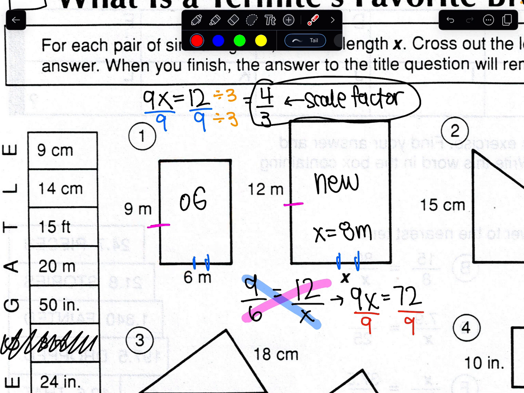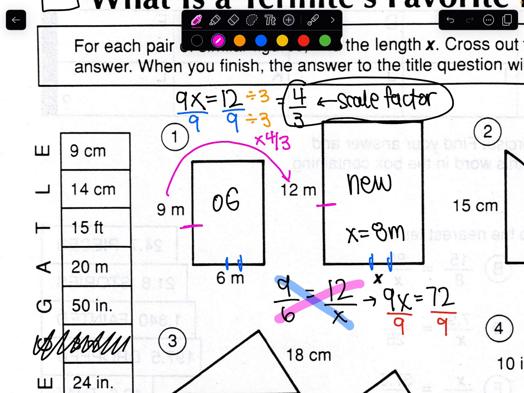And then I can use that scale factor and multiply my known side to find x, because I said this one is 4/3 times bigger. So then I can go ahead, I'm running out of room, but I'll just put it over here. That 6 times 4/3 will give me my value of x.